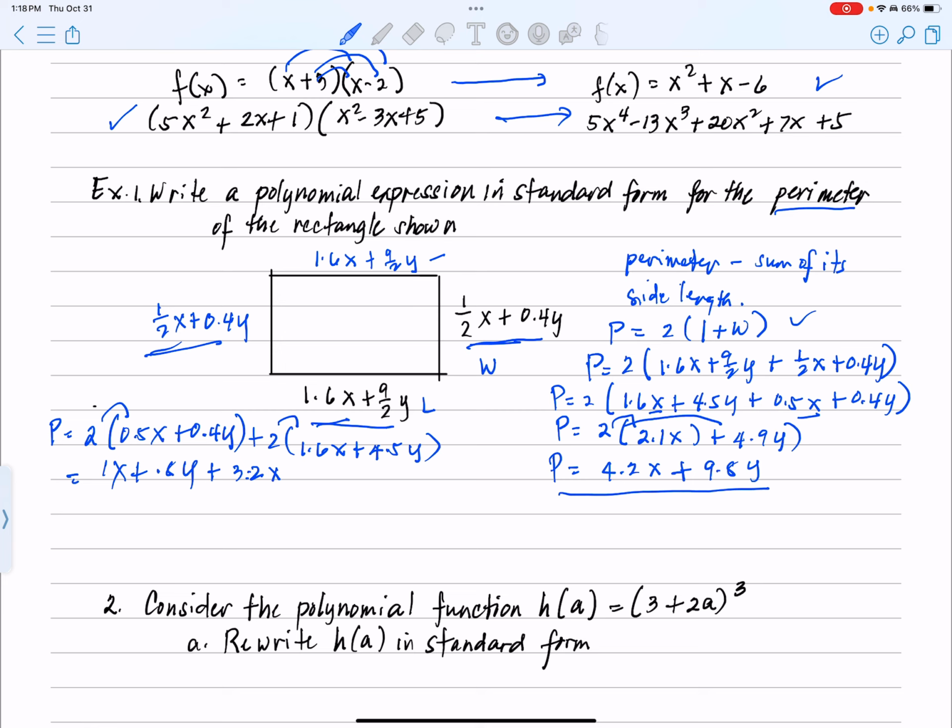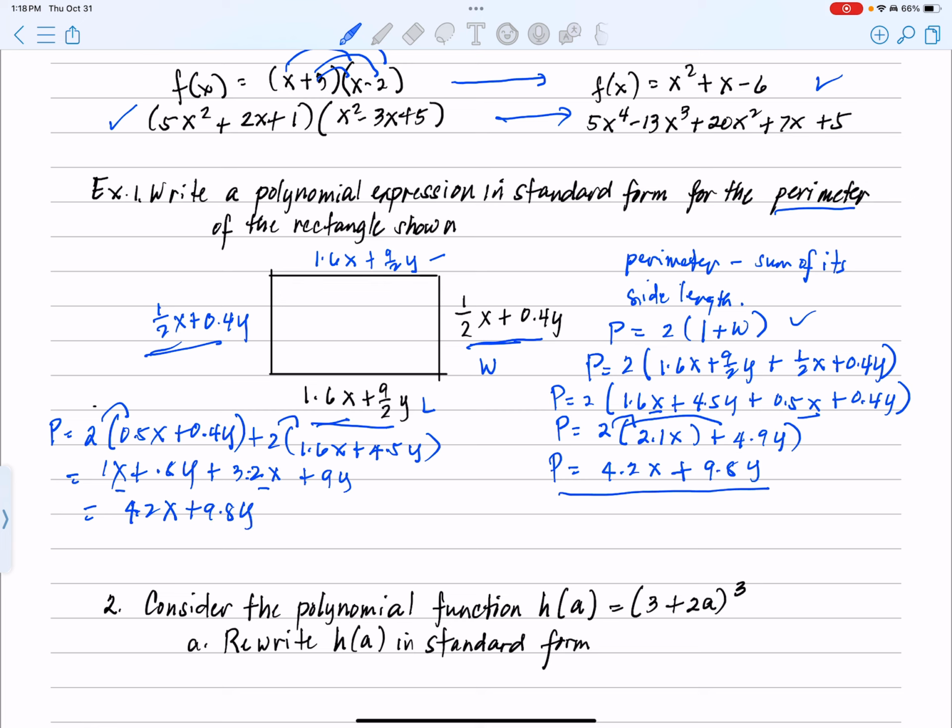Then you have 2 times 4.5, you have 9y. All right. So collect the x. Your x is 3.2 plus 1, that's 4.2x. Then collect the y, you have 9.8y.